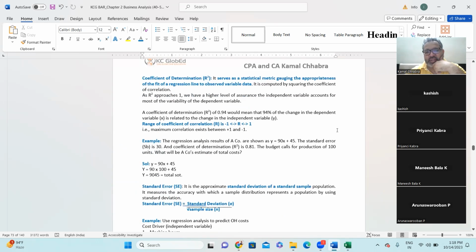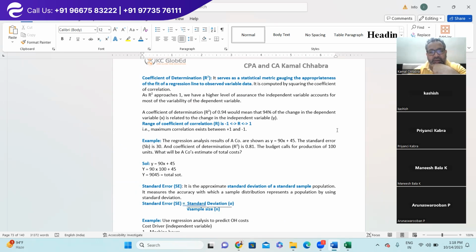It serves as a statistical metric gauging the appropriateness of the fit of the regression line to the observed variable data. It is computed by squaring the coefficient of correlation. As R squared approaches 1, we have a higher level of assurance that the independent variable accounts for most of the variability of the dependent variable.